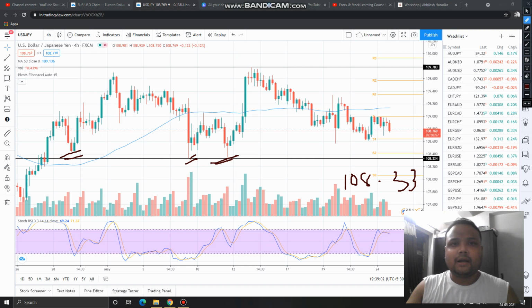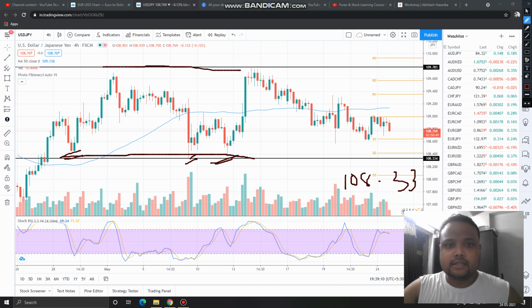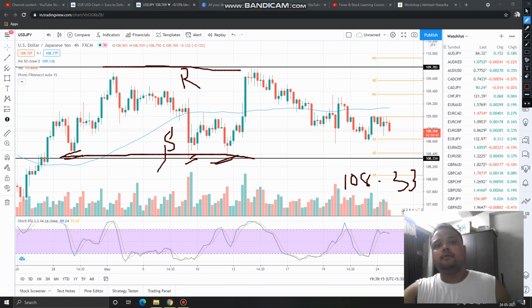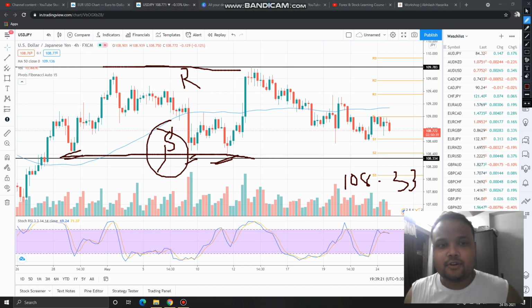So this level is a valid support to the market, and this level is a resistance. Sorry, I don't know where my mind is. So this is the support and this is the resistance.